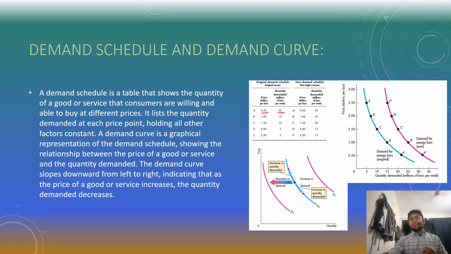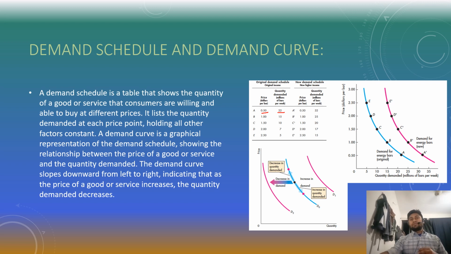Here the x-axis is quantity demanded, in millions per week, and the price is in dollars per bar. So in these five steps, the first step A, when the price is 50 cents, then the demand is 22, and at the last step, the price is $2.50, then the demand is 5.